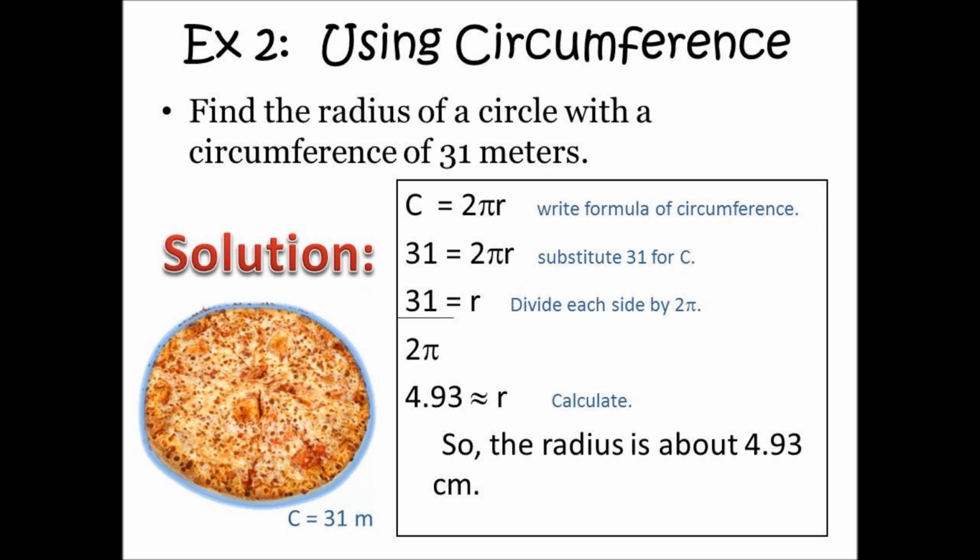Next, you're going to substitute 31 for C, because the circumference of the pizza is 31 meters. Then you're going to divide each side by 2 pi. 31 divided by 2 pi is approximately 4.93, so the radius is about 4.93 centimeters.